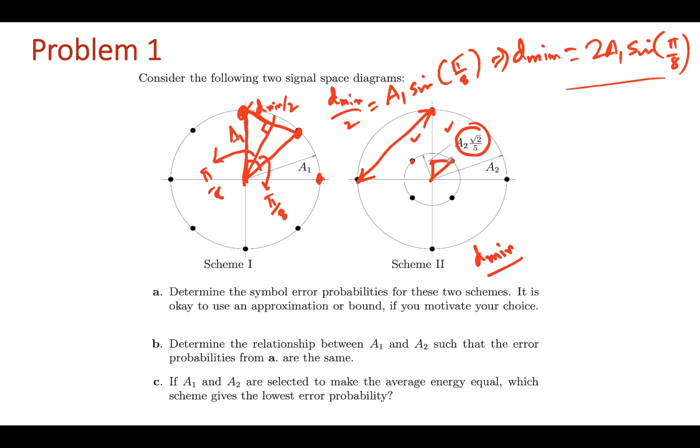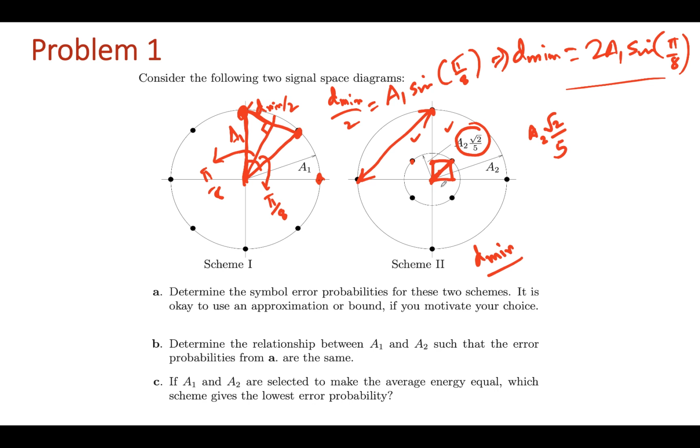Let's say this distance is A2 root 2 by 5, this distance.